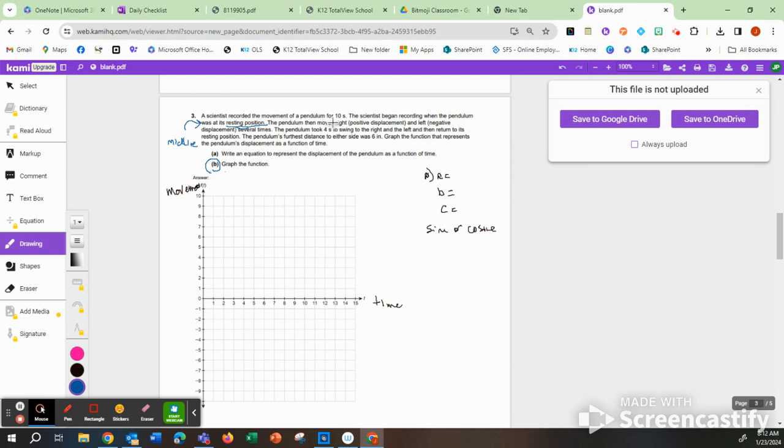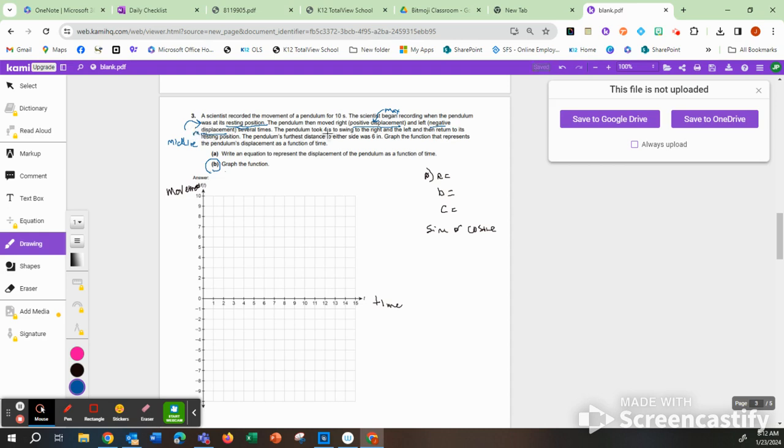The pendulum then moved to the right. Okay, so that means on your graph, that's going up. So on the graph, right means up. So this would go to your max. This would be your max when you move to the right. And then to the left, which is negative displacement, this would be your min.